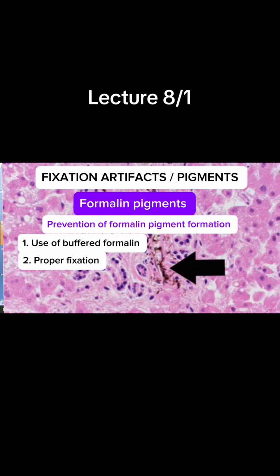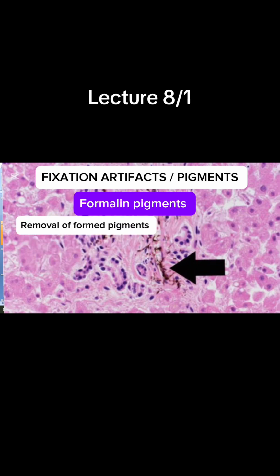In case these pigments have formed, how best can they be removed? One, we can use saturated alcoholic picric acid, which usually falls under what we call Barrett's method. This solution has alcohol and picric acid. So what does alcohol and picric acid do in terms of removing the formalin pigment?